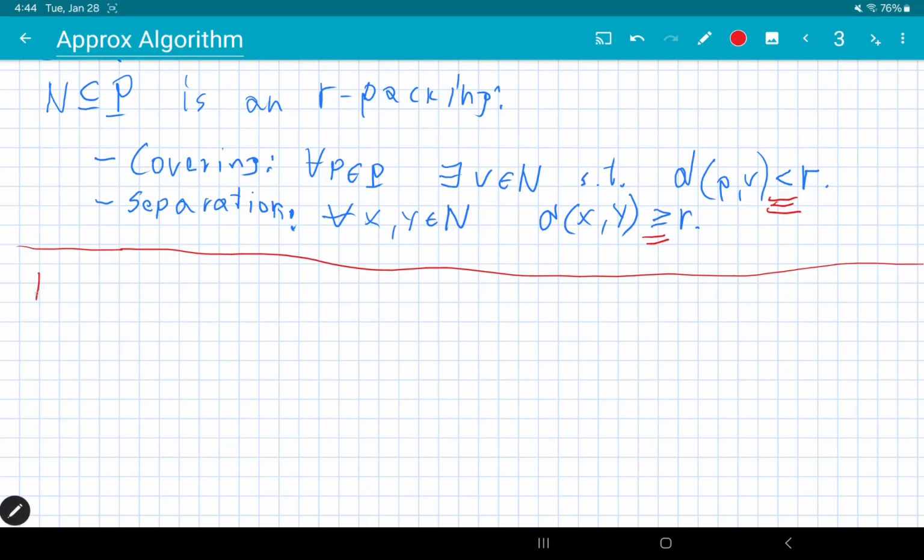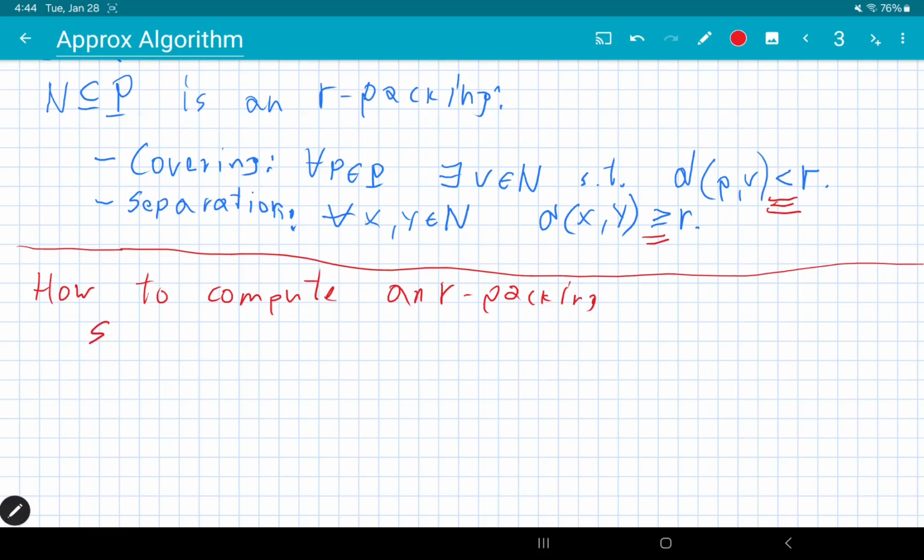So, how to compute a net, an R packing. Well, you do the obvious thing, right?